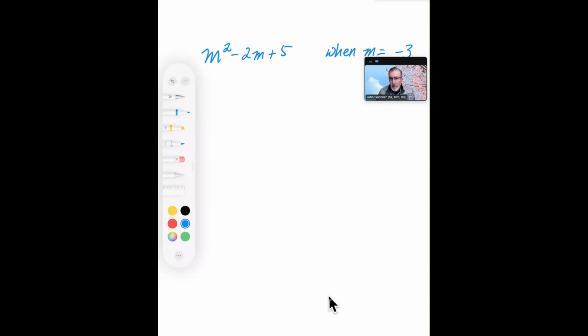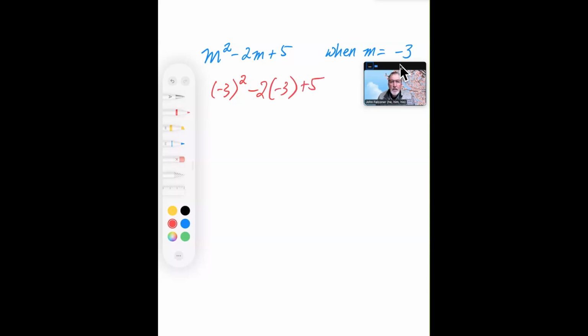So if I've transcribed this correctly, shouldn't be a problem, but that remains to be seen. So when you are substituting in values, I suggest that you use parentheses to put that number in and then copy out everything else that you're given in the original expression.